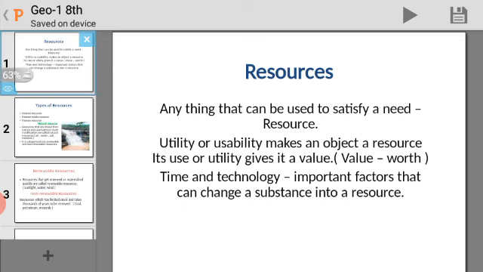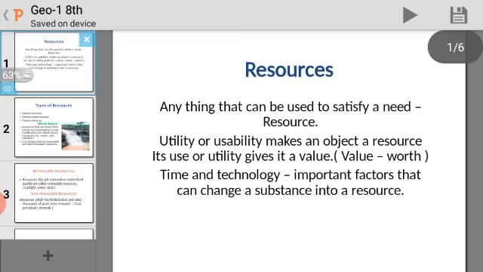And utility or usability means that if you use a thing, that utility makes an object a resource, and the need and its use give it a value. Value in the sense of worth.